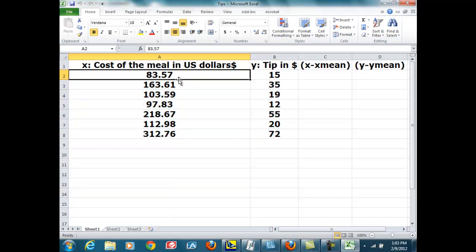And what it does, Hiba, is this: if the cost of a meal in that restaurant was $83.57, how much did the customer leave as tip? $15, right? Everybody clear? Here, if the cost was this, the tip left was this. It's a data set. Makes sense? Everybody good? Okay, good.